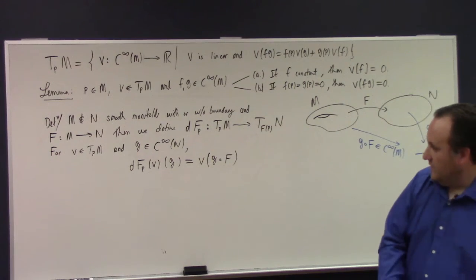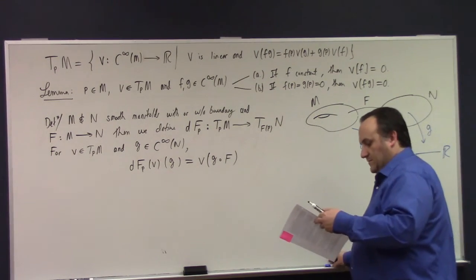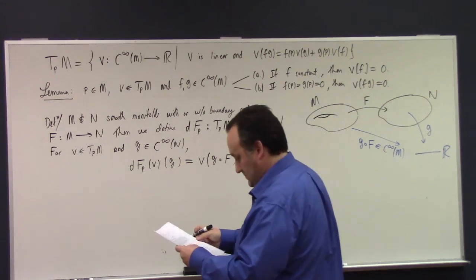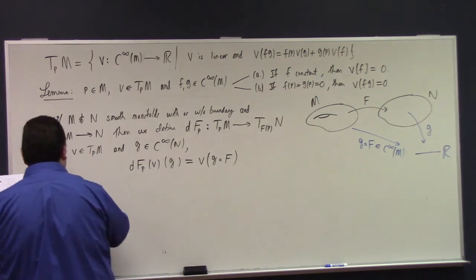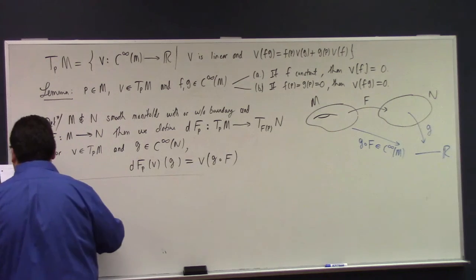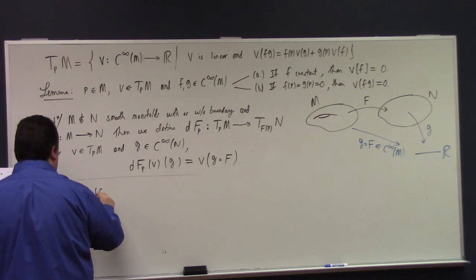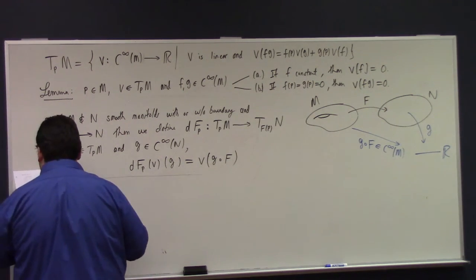Let me go through a short little calculation with you here. Have to be smooth. Yes. So, let's see that it's in fact a derivation, right? We do need that. So the differential at P acting on V, let's let it act on a function F and G, multiplication, right?